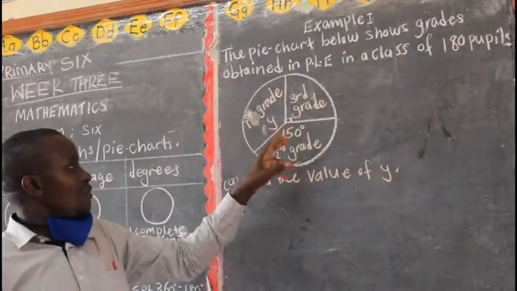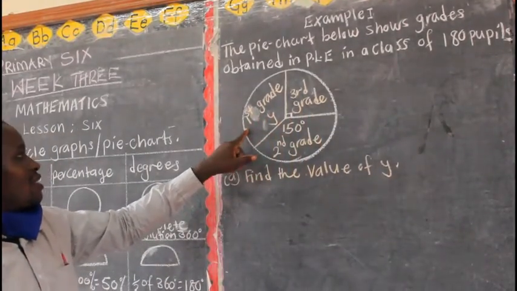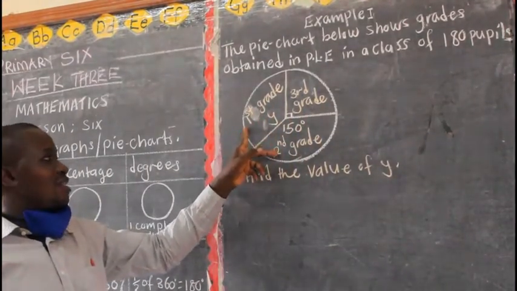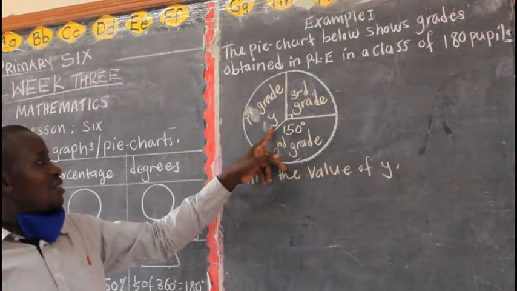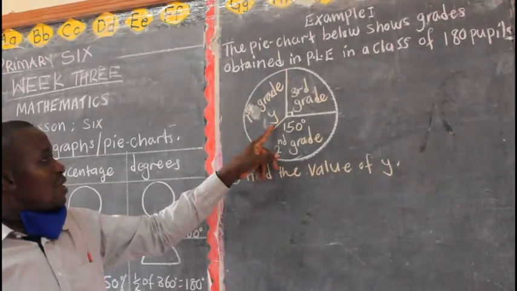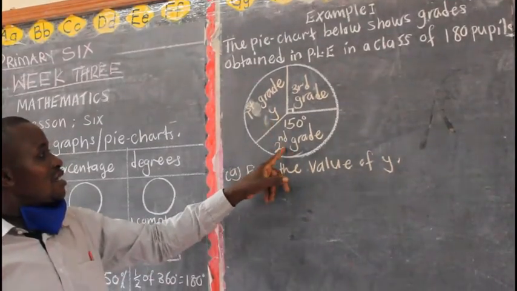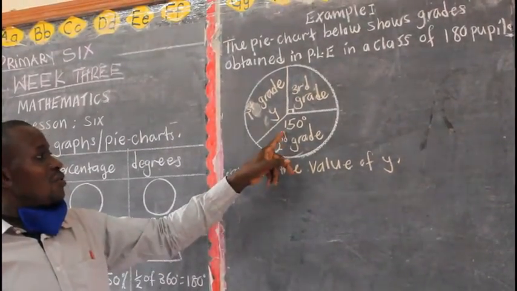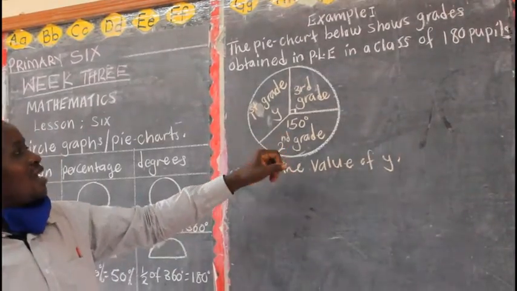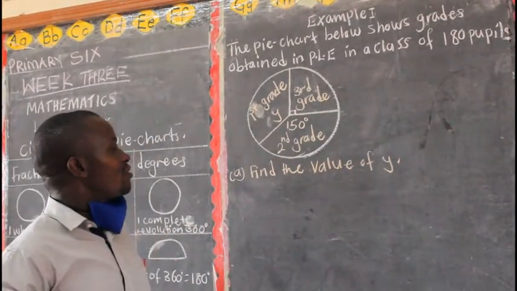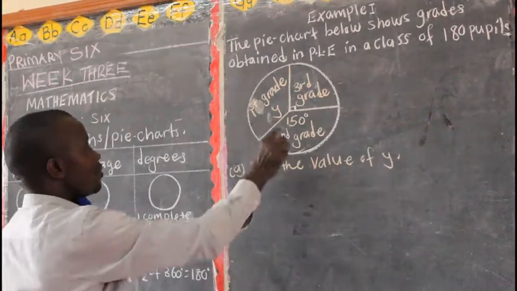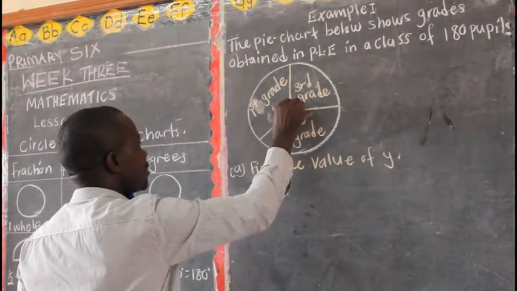They have given us the value of the first grade as y. For the second grade, they have given us degrees, 150 degrees. And for the third grade, they have given us a symbol, here, like this.